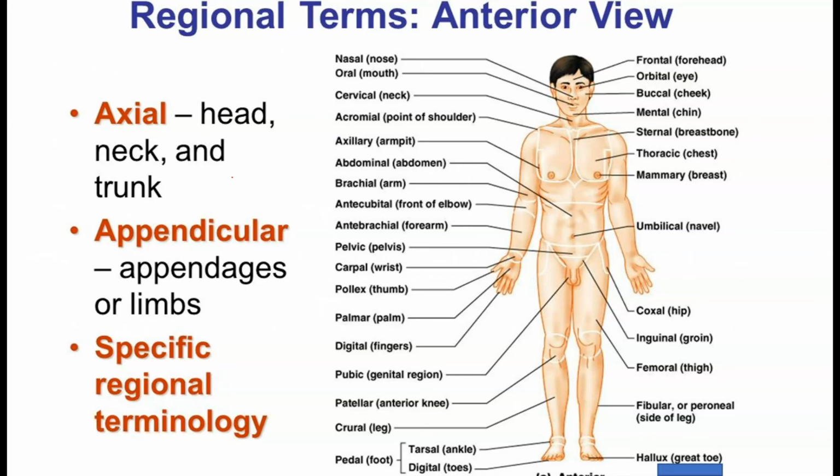Some of them are pretty easy. Most people understand that nasal has something to do with the nose and oral has something to do with the mouth. Maybe less known is cervical is the neck, axillary is the armpit, etc. Having a good understanding of these will help you go a long way in your study of anatomy.